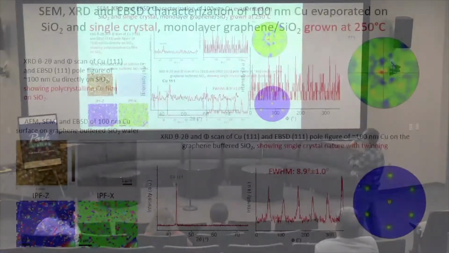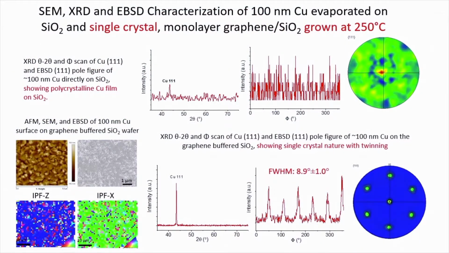In this case, we use a bare silicon substrate as a control for comparison, and on the top is the 100 nanometer copper film grown on the silicon substrate.